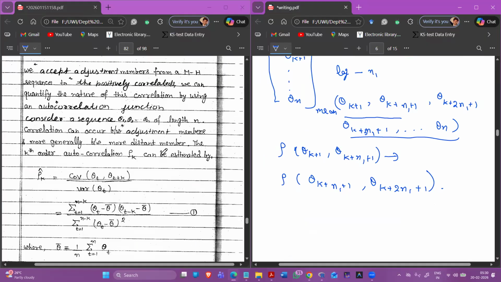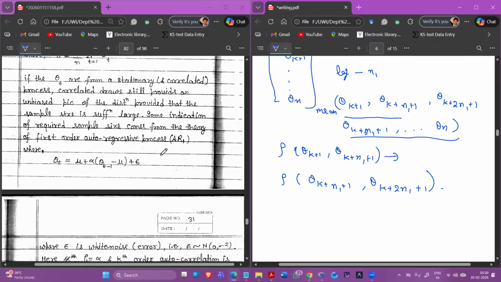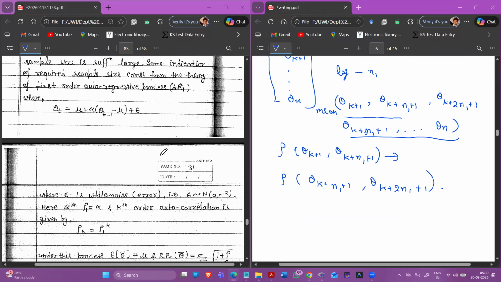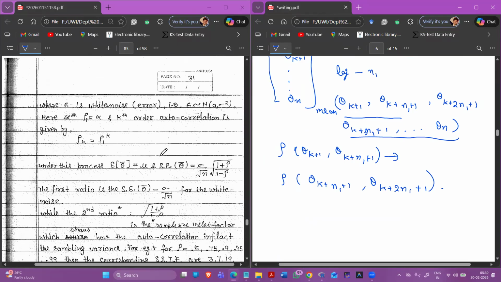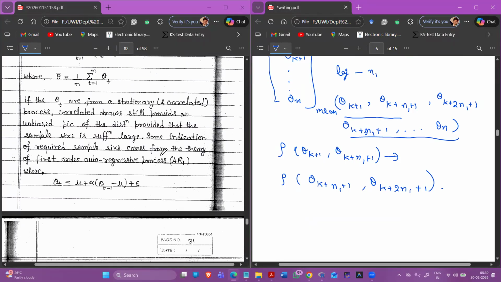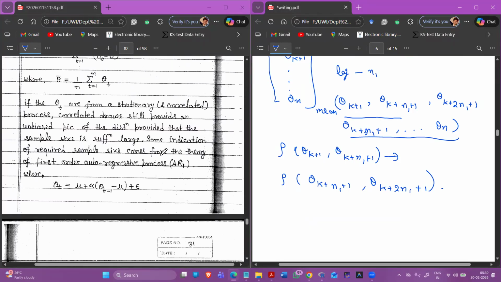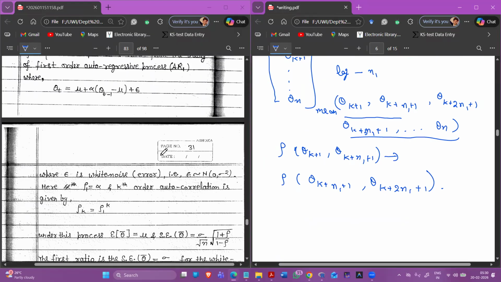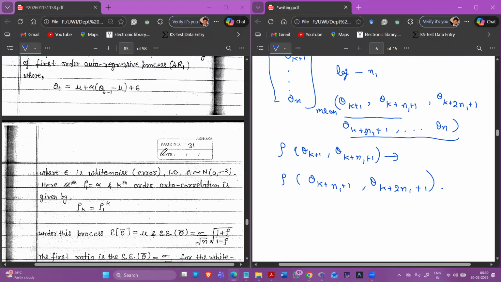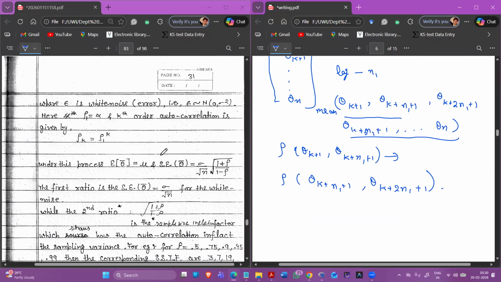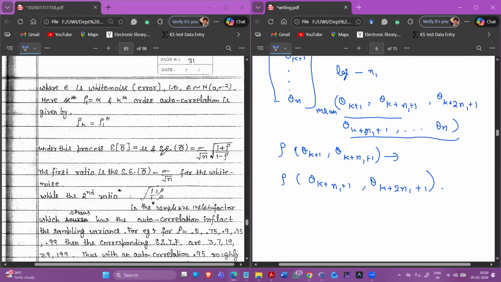The autocorrelation process basically comes from the autoregressive process, AR1, from your time series. Did you study time series? Okay, so I will not go into that. Otherwise, the autocorrelation formula comes from the autoregressive method in time series, where present observations depend on the just past observation.